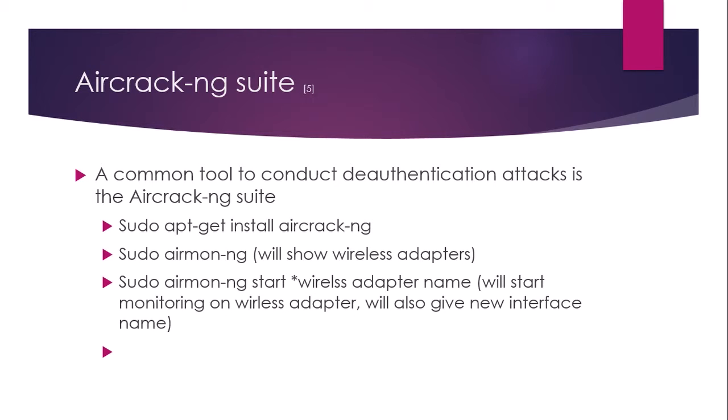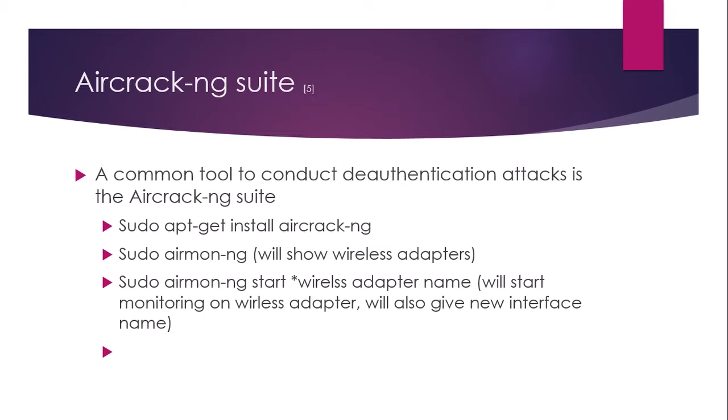A common tool to conduct deauthentication attacks is the aircrack-ng suite, and here are some commands below that are used to set up and then send a deauthentication attack. So the sudo apt-get install aircrack-ng, that's just for using the Linux command line to install aircrack on Ubuntu.